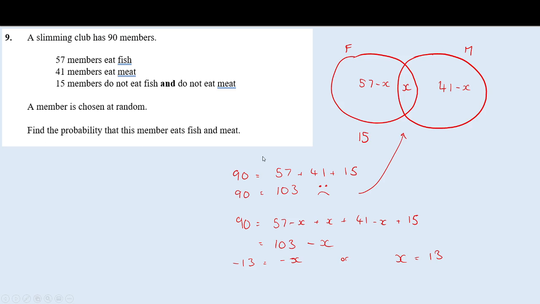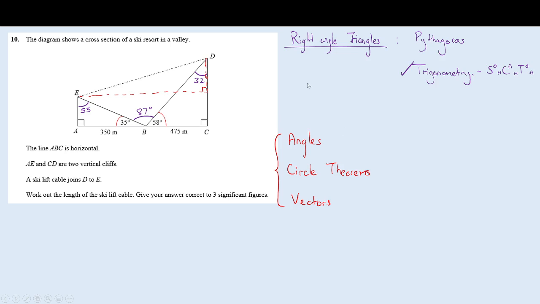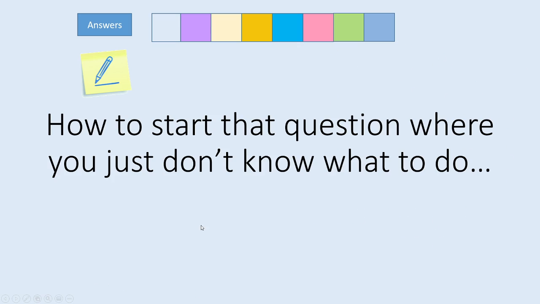Can you find a way of representing some of that information that makes it easier to see what is going right or going wrong with your problem? Again, what bits of maths do you know that fit in with a circumstance? Is there anything that you can add to your diagram that hasn't been added already? Those are the kinds of questions that you can ask yourself to get started with that question where you just don't know what to do.